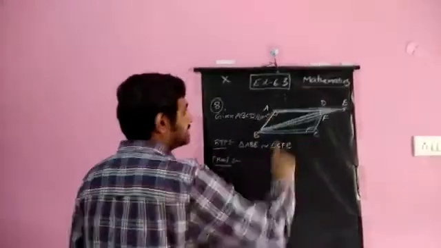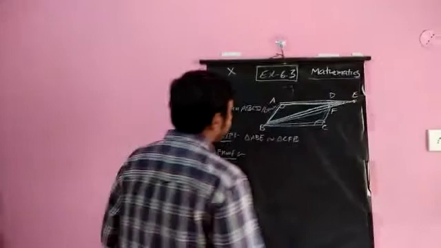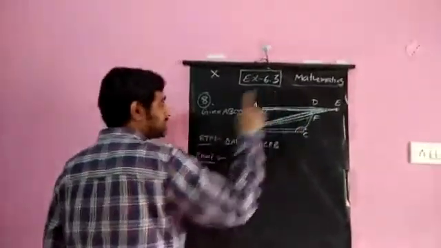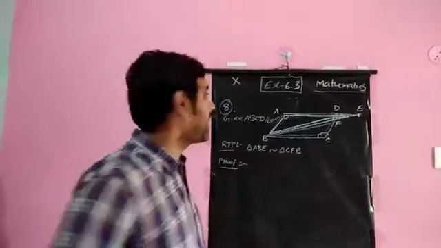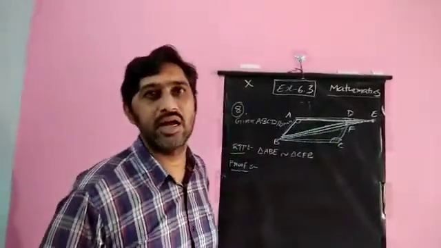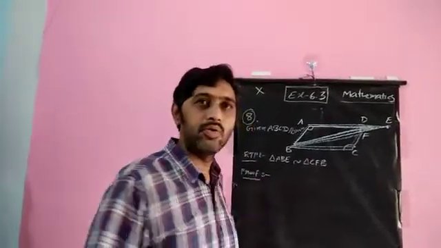That means angle A equals angle C. One angle of this triangle is equal to one angle of this triangle. So if I prove that one more angle of this triangle is equal to one of the other triangle, I can apply the angle-angle similarity rule and say the two triangles are similar. Simple. So how to prove it?